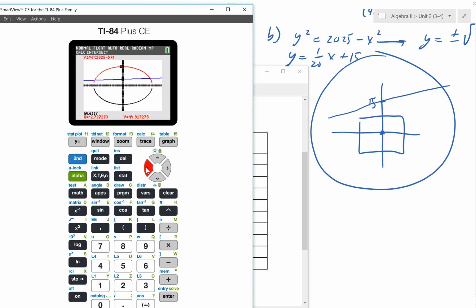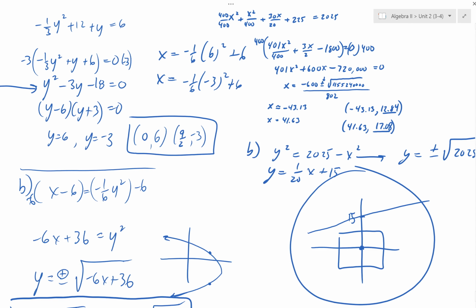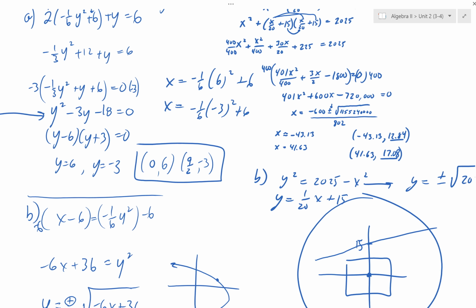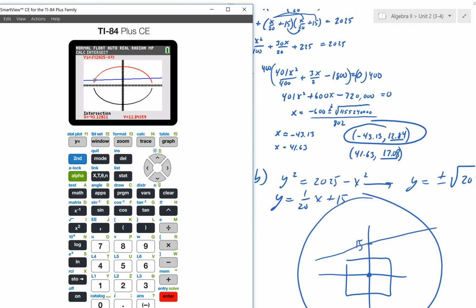So I'm going to move over to the left to get close to that intersection, and press enter, and it gives me the intersection at negative 43.13, 12.84. Notice that that matches the first one that we got algebraically. Okay? And then you could repeat that process to get the second solution.